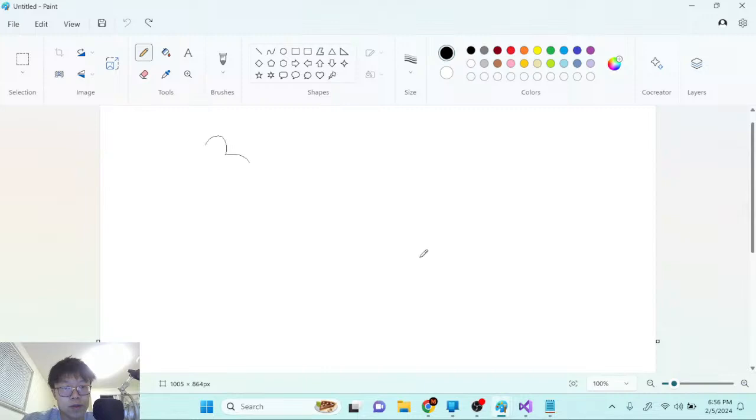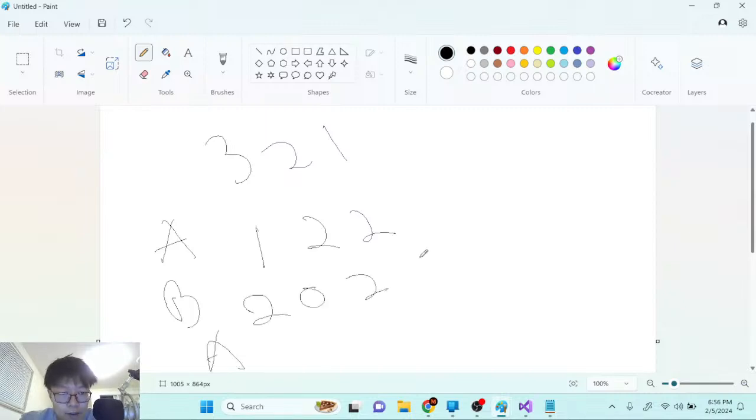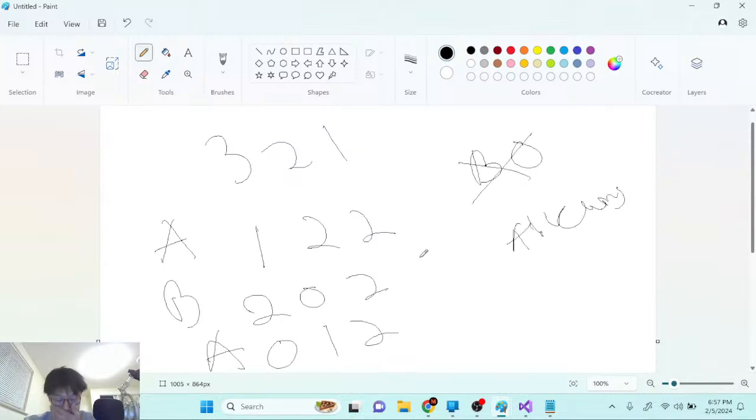If I had 3, 2, 1, find the smallest, minus 1, 2, 2, 1, swap with smallest, so I have 1, 2, 2. Bob's turn, minus 1, 0, swap with the smallest, so we got 2, 0, 2. Alice's turn, minus 1, swap with the smallest, 0, 1, 2. Bob's turn, it hits 0. Alice wins.